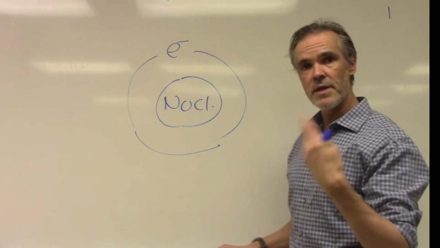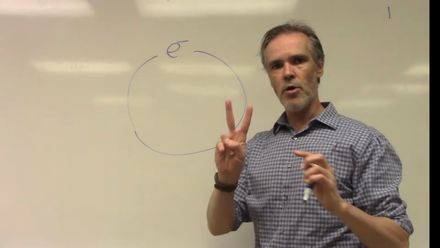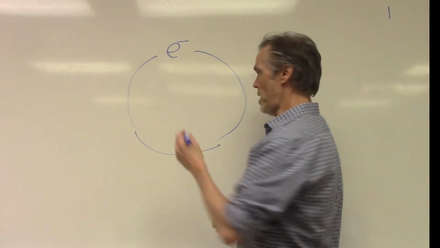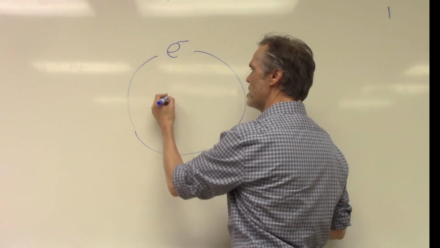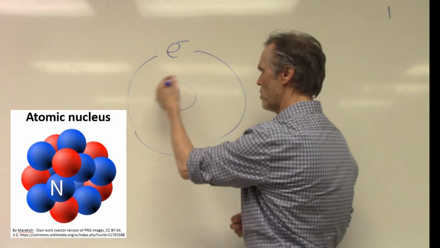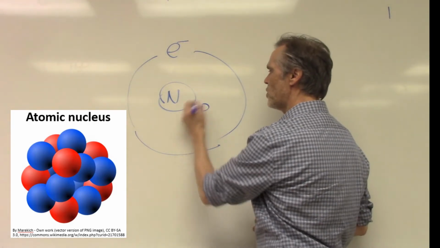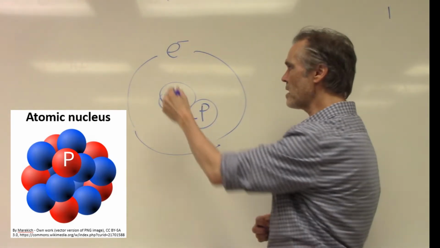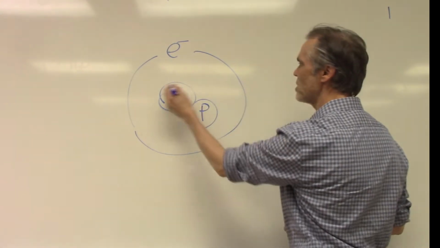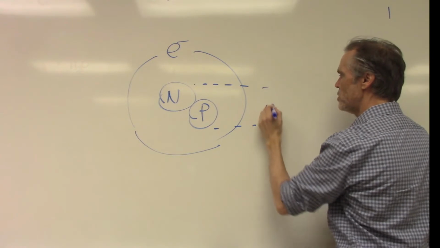Now, one thing I want you to know is that the nucleus is made of two particles. The first one is the neutron, so let's draw a circle like this for the neutron, and then we have the proton there, right? So that is still the nucleus.